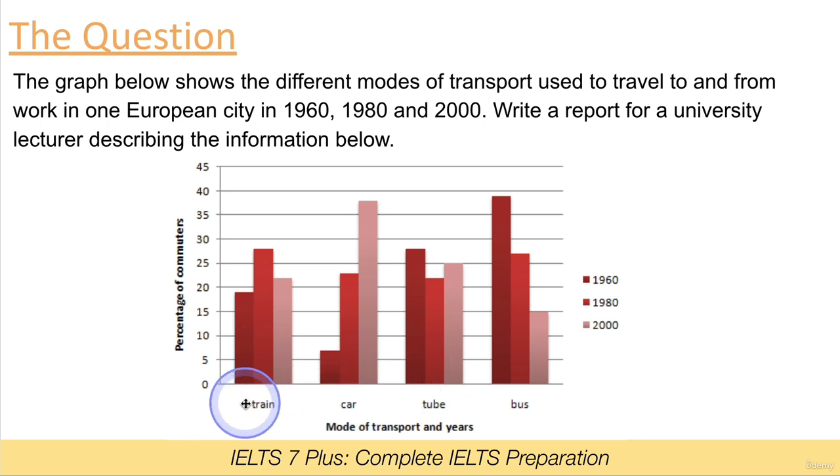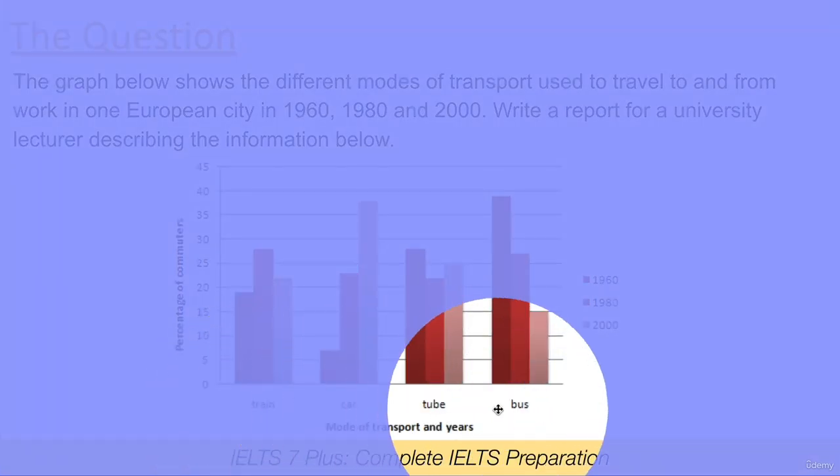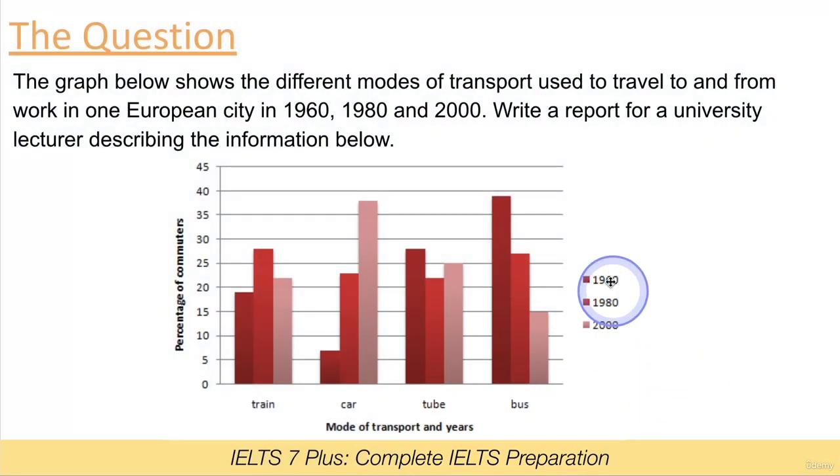So on the x-axis, we have modes of transport. Train, car, tube, bus. And here we have the years. This is the key. So 1960 is this dark red, 1980 a bit lighter, and 2000 is more of a pink. Then on the y-axis we have percentage of commuters up here, and it goes up to 45%.